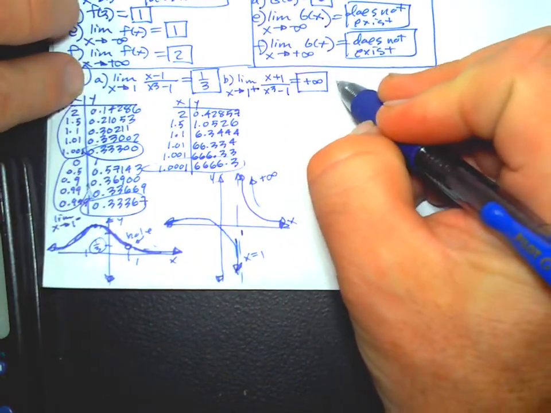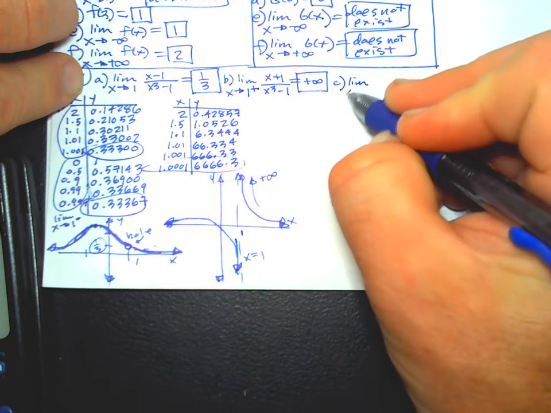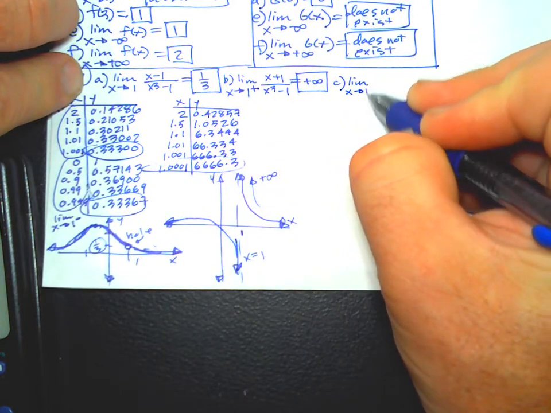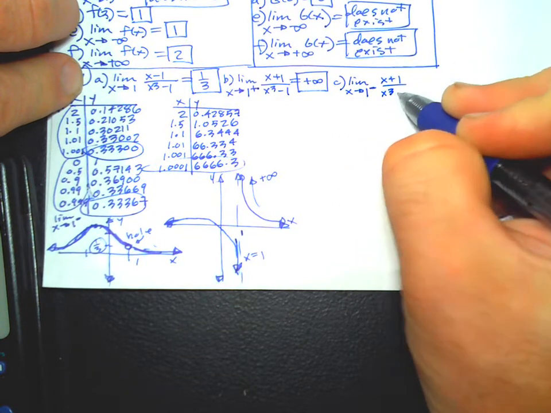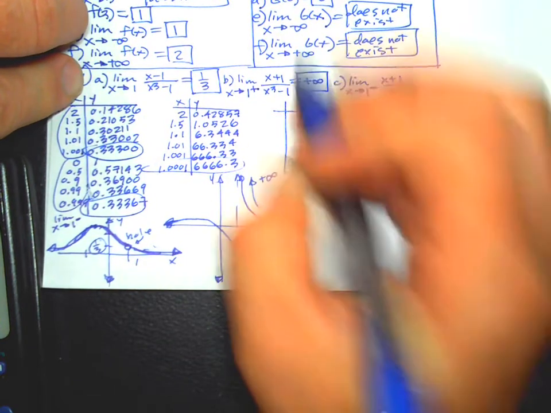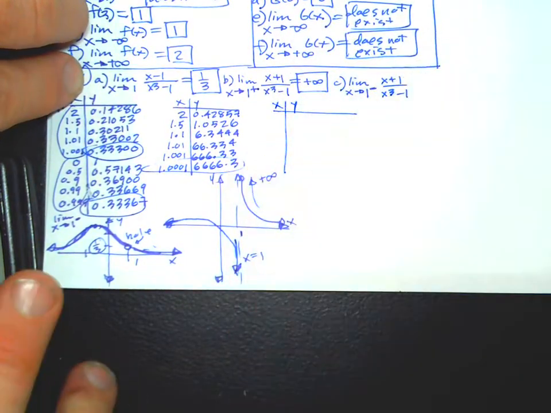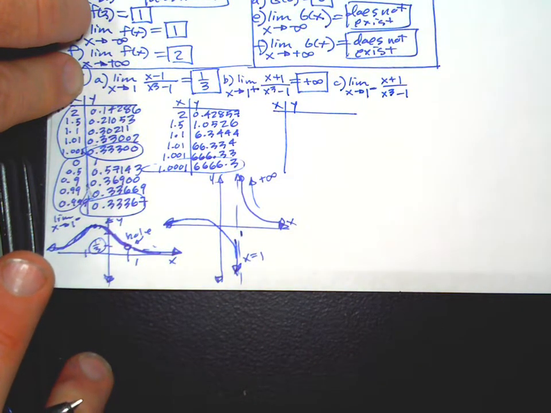Okay, part C, limit as x approaches 1 minus of x plus 1 over x cubed minus 1. So same equation actually. So that'll save us a little time. We already have a picture of the graph, so we don't need to regraph it, right?